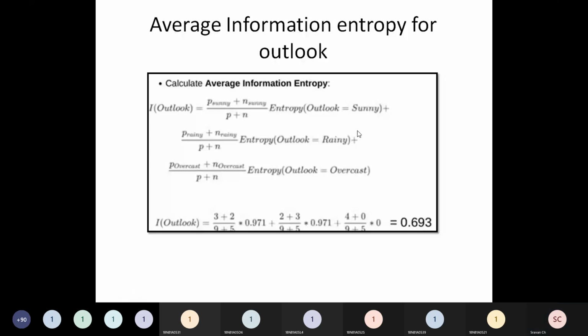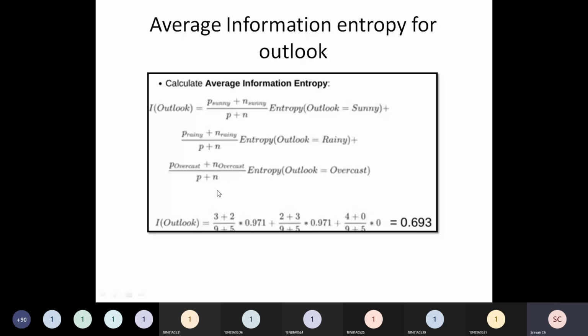Plus overcast, positive outcomes, negative outcomes: all are positive, so negative will be 0, positive is 4. 4 divided by 14. But the entropy of outlook overcast was 0. So this entire third product will become 0, right?